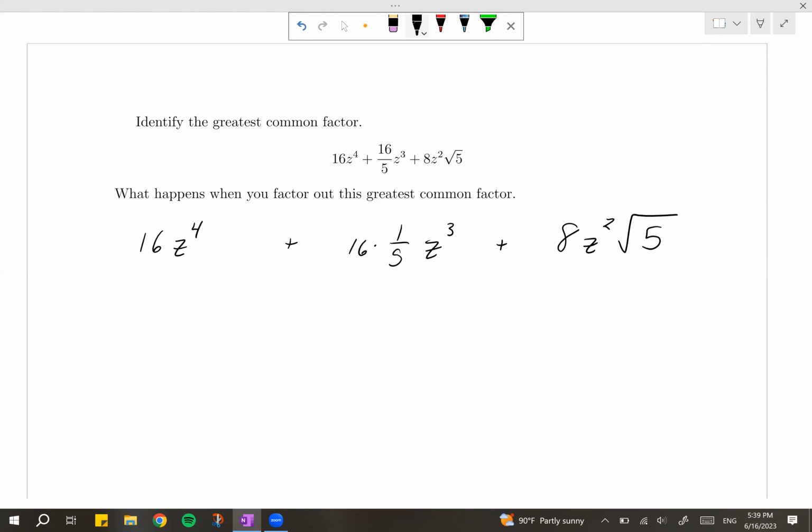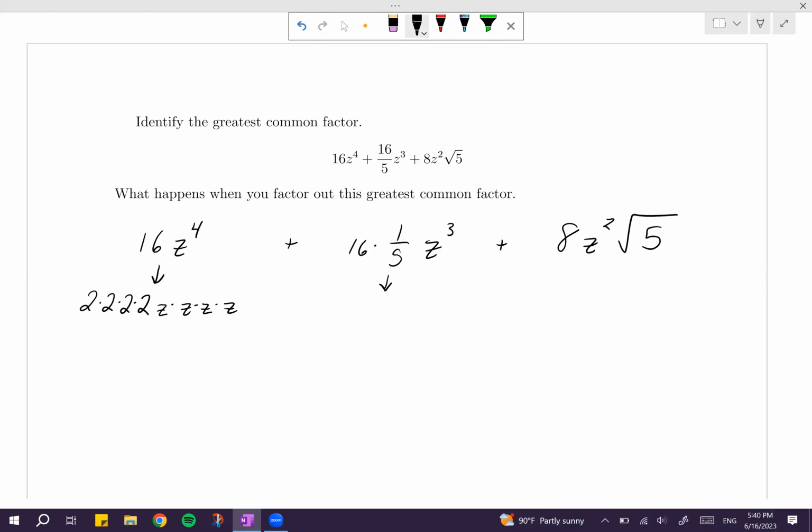This 16 can factor as 2 times 2 times 2 times 2. 2 times 2 is 4, 4 times 2 is 8, 8 times 2 is 16. And then we have z times z times z times z. All right. This is this factored. I'm going to do the same for all of these.